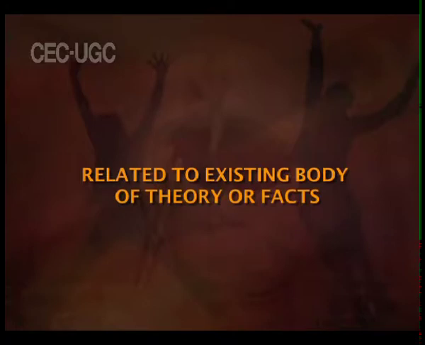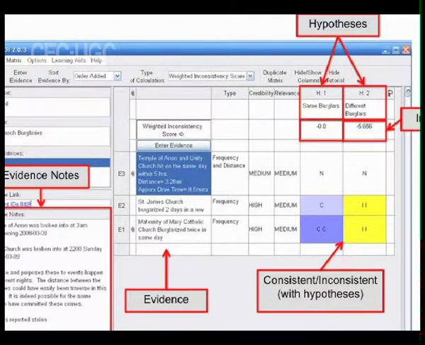Another factor is that the hypothesis must be related to the existing body of research, theory and facts. You cannot just bring a hypothesis out of the blue. For instance, if a researcher puts forward a hypothesis that skin color influences intelligence, of course it may look like a very interesting hypothesis, but it has no kind of research basis or no kind of theoretical basis, and hence in most cases testing of that hypothesis won't be very useful and will not put forward any kind of useful results.